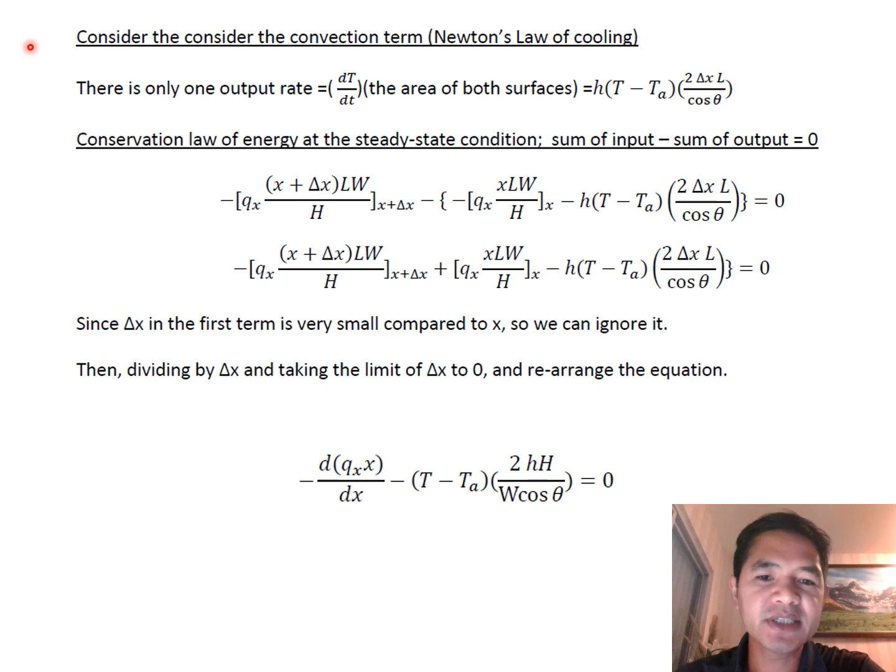Next, you have to consider the convection term, which is Newton's law of cooling. There is only one output rate, because of the heat loss from the surface area of the fin.